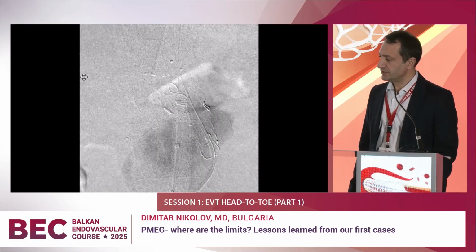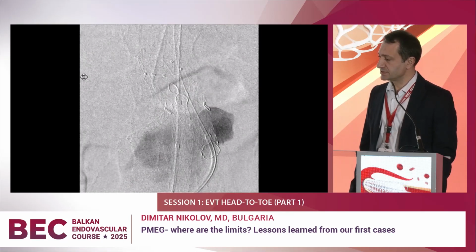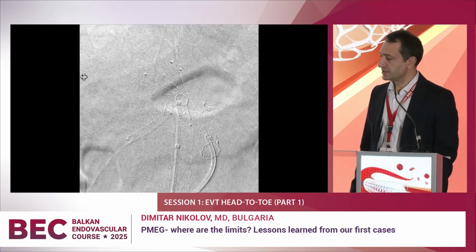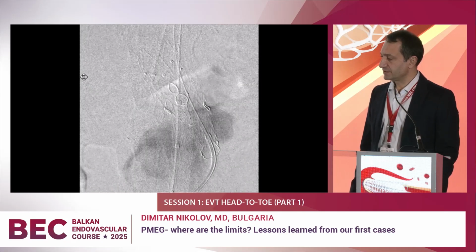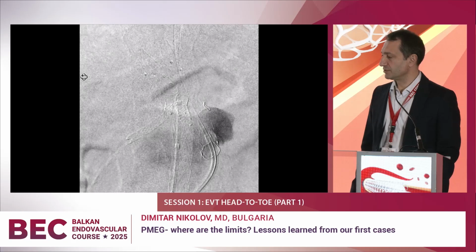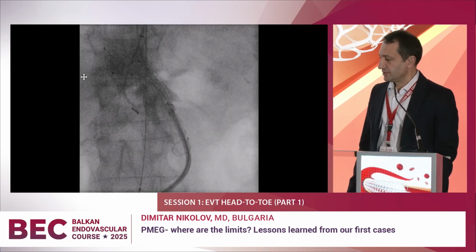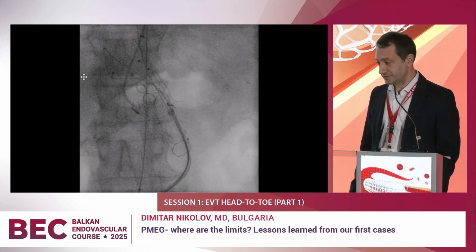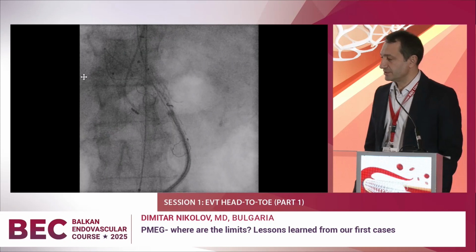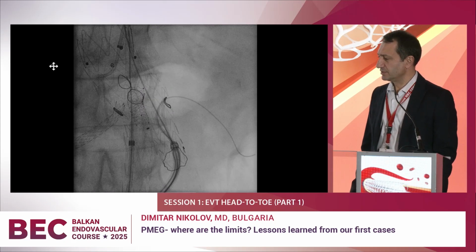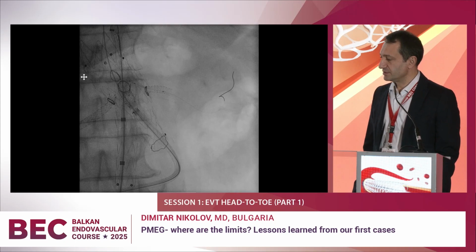It was relatively easy to position stents in the right renal and the mesenteric artery, but the left one was a little bit lower than expected. We struggled a lot to cannulate this artery with 2 wires in the beginning.